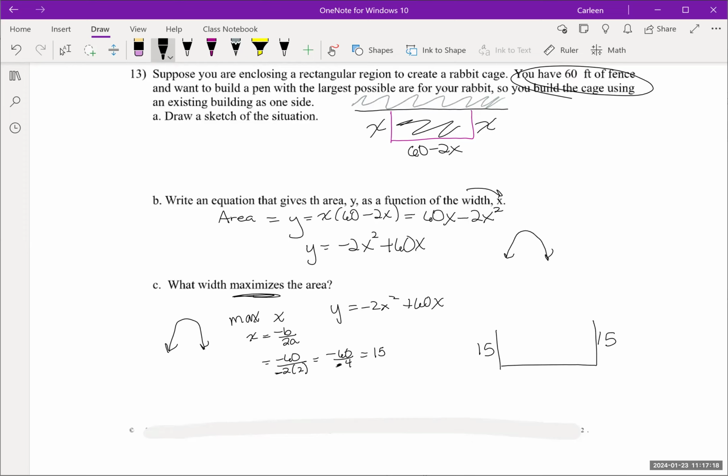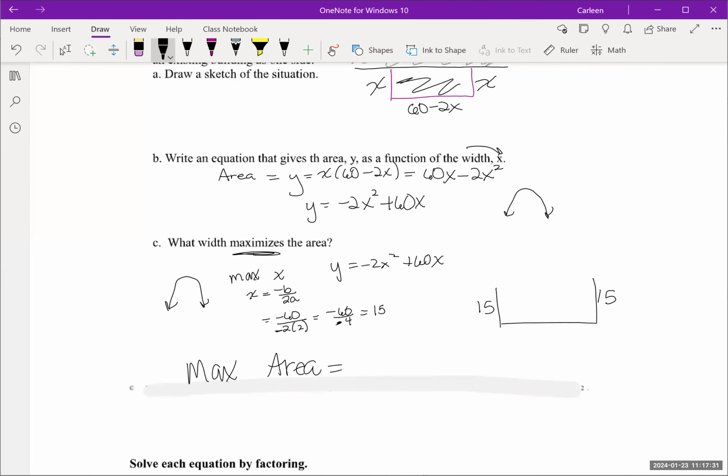How can I find the max area? Okay, so I'm gonna plug in x is 15. So y is the area, negative 2x squared plus 60x, and x is 15.